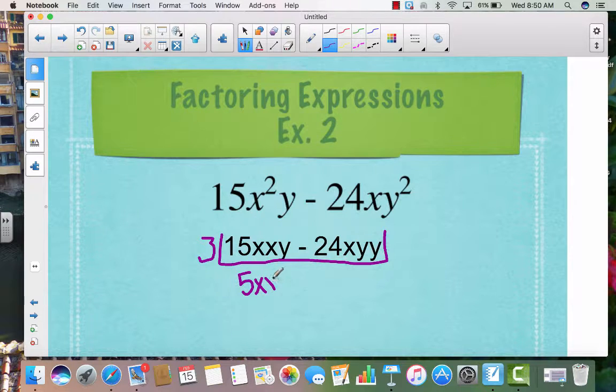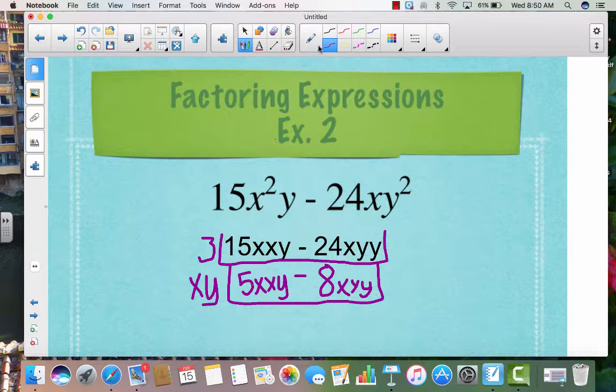And then if I divide 24 by 3, I'm going to be left with 8xyy. Now 5 and 8 do not have anything in common. So I'm now going to look at my variables, and I see that each of these terms has an x and a y. So I'm going to pull out both one x and one y.